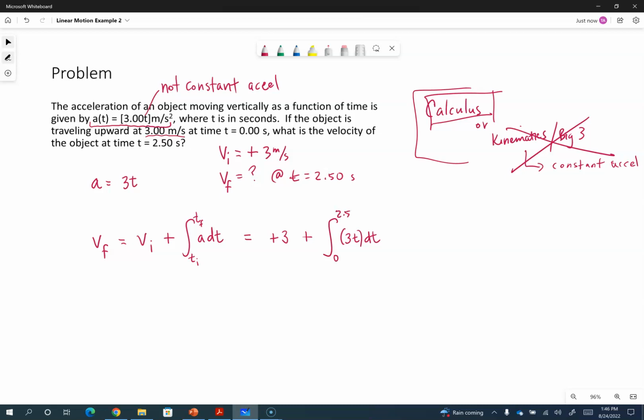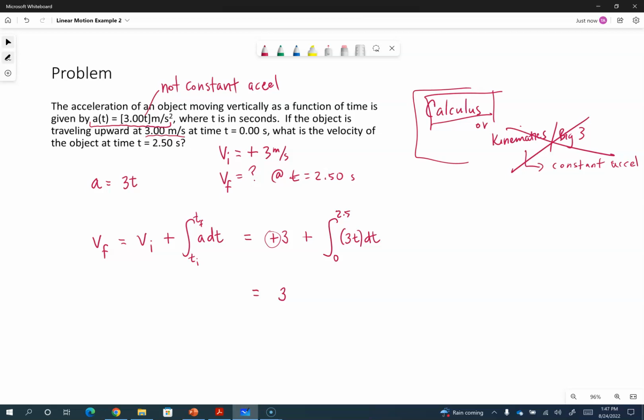Our final time is 2.5 seconds. So we get 3. By the way, it's not necessary to write this positive 3. Not having a negative sign implies the positive. But I want to be straightforward in reminding you that we do have to consider directions every time.